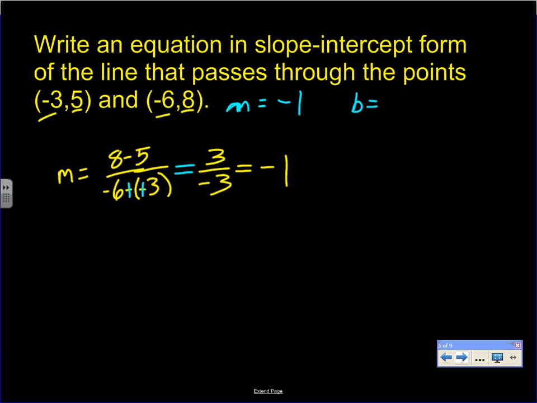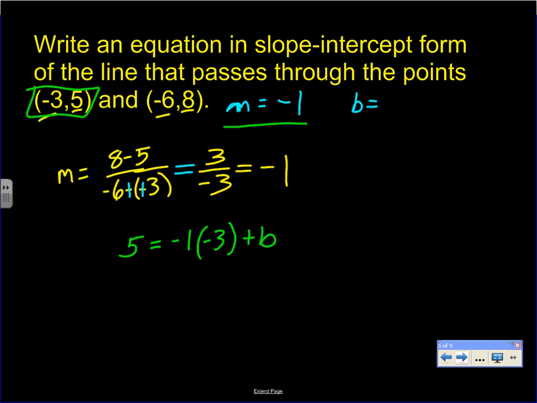Let's pick a point to plug in to solve for b, so we're going to use negative 3, 5. So we have 5 is going to be y, m is negative 1, and x is negative 3. And we have to solve for b.